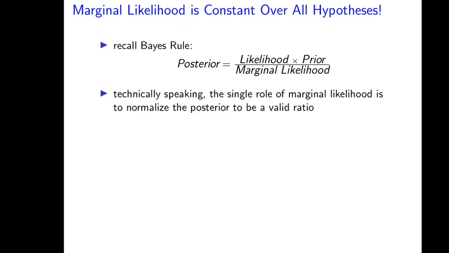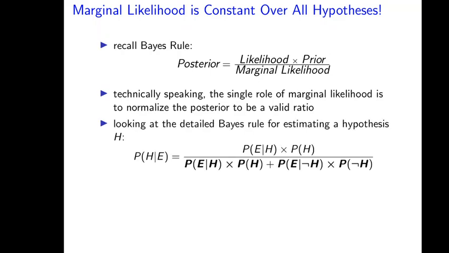This is a very critical role of marginal likelihood. However, if we have a look over the posterior definition of multiple hypotheses, we will notice that the marginal likelihood does not change over different hypotheses, because it is independent from the value of the hypothesis. It is an integration of all hypotheses of our problem.